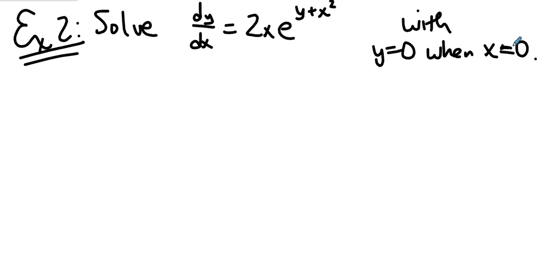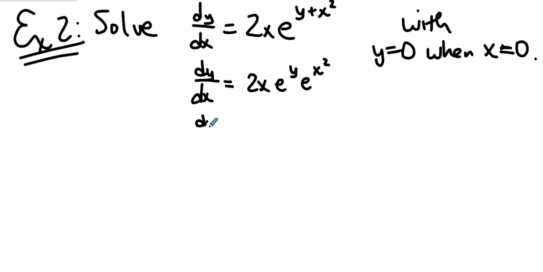This is particularly problematic because this expression right here has x's and y's together, and we're supposed to be able to box out the xy thing and the y thing. But we remember that this plus means that this is 2x e to the y e to the x squared.